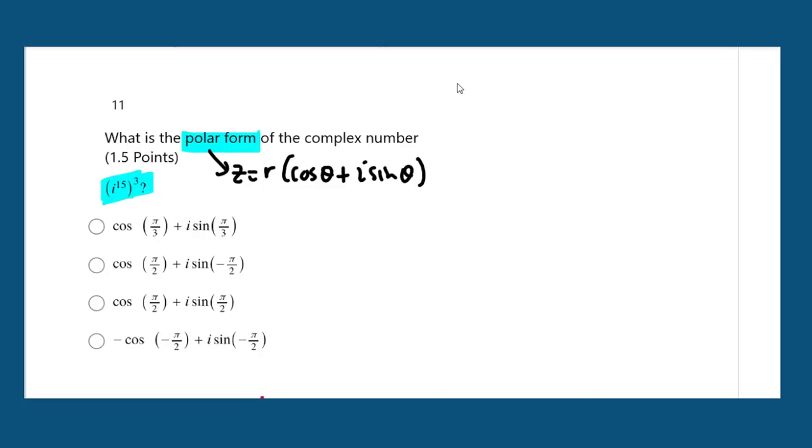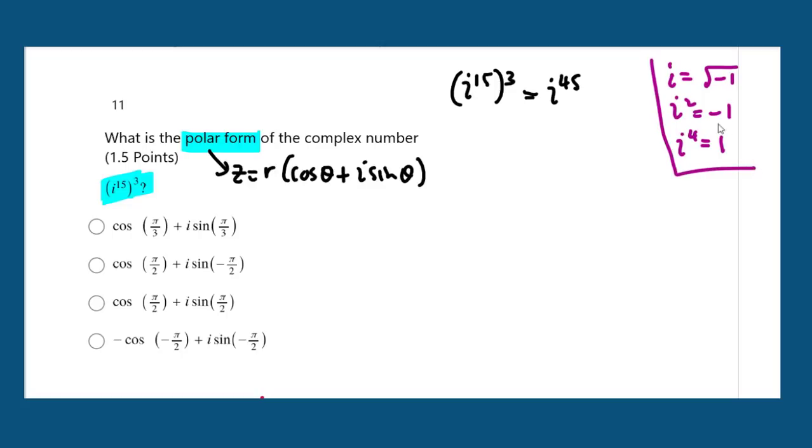Starting from i to the power 15, to the power 3, that is equal to i to the power 45. You need to remember that i is equal to the square root of negative 1, i squared is equal to negative 1, so i to the power 4 is equal to 1.